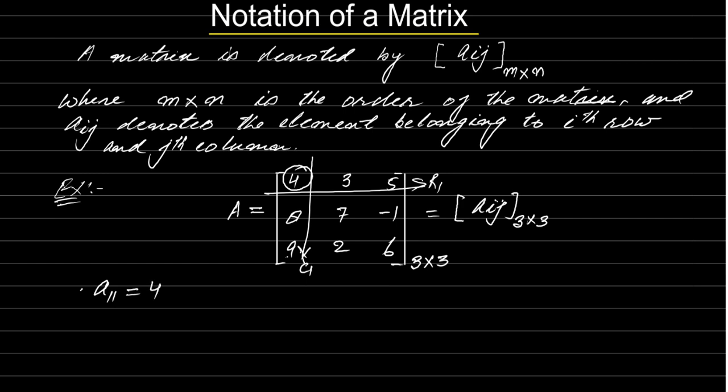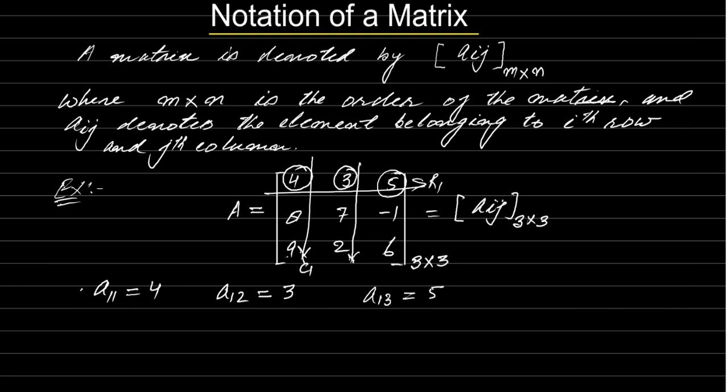In the same way, if we talk about 3, it is belonging to first row and second column. So it is denoted by A12. A12 means the element of first row and second column, which is 3 in this matrix. Similarly, 5 is A13, that is equal to 5.